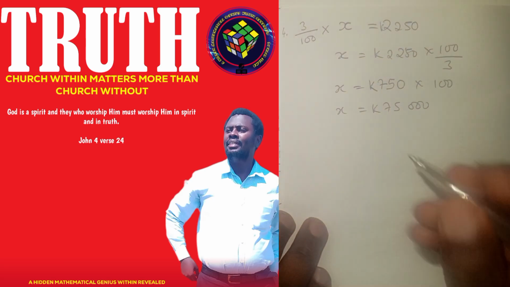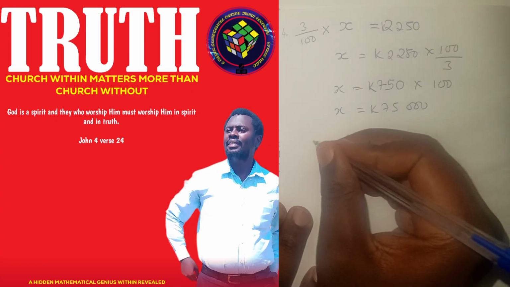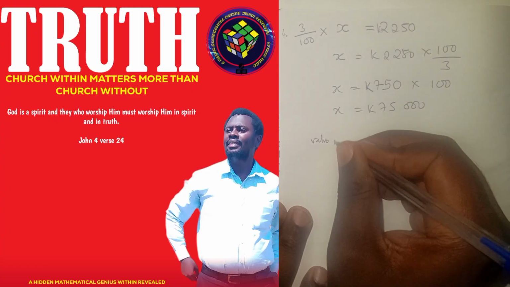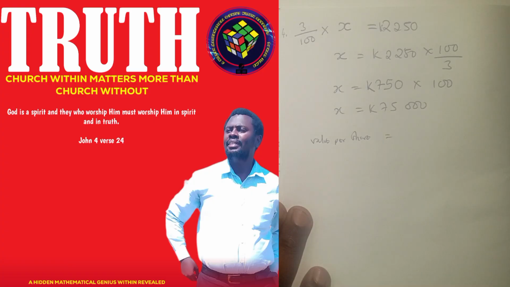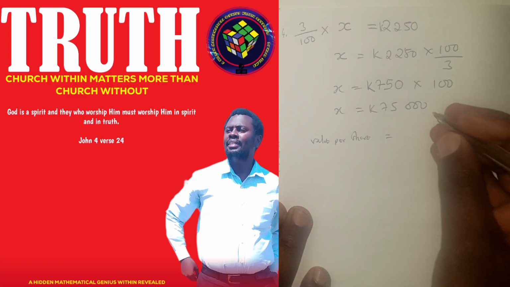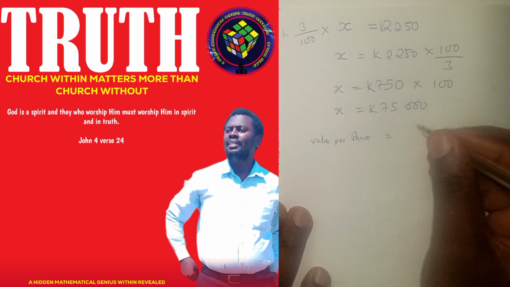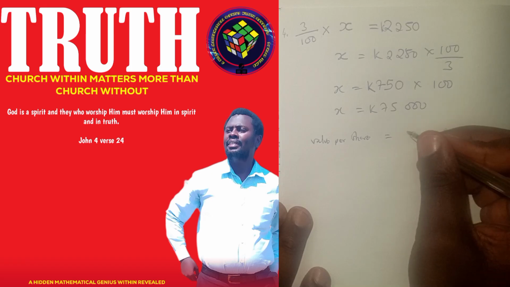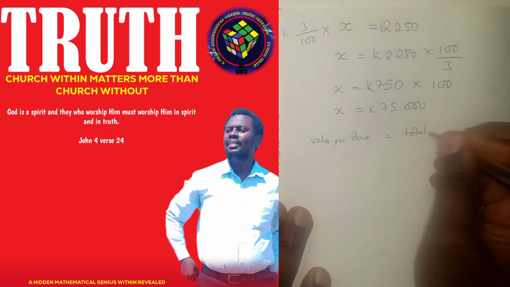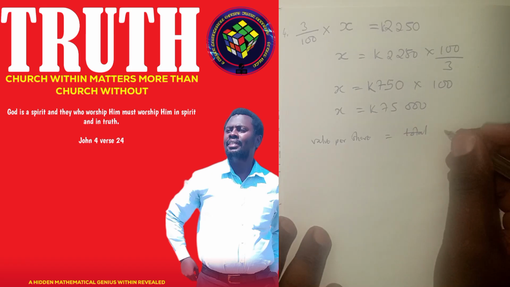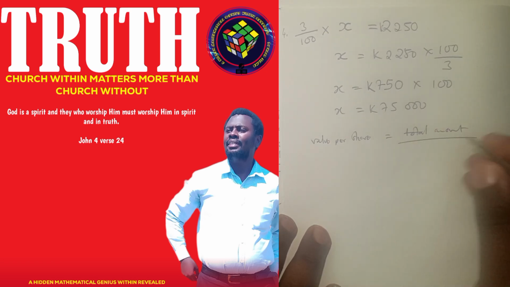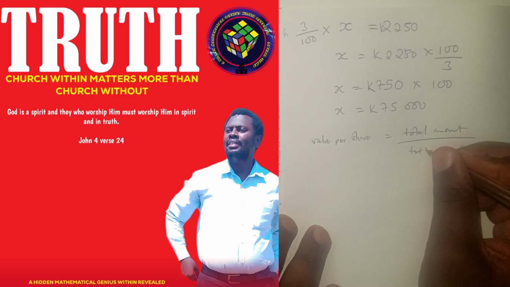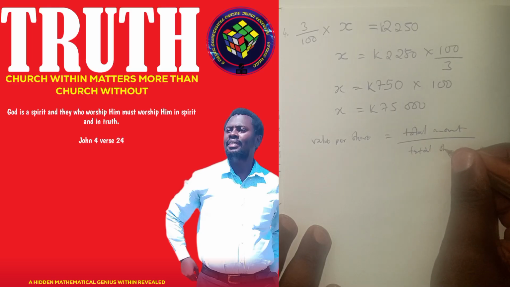So we'll say value per share is equal to its total amount, that is total value of shares divided by total number of shares.